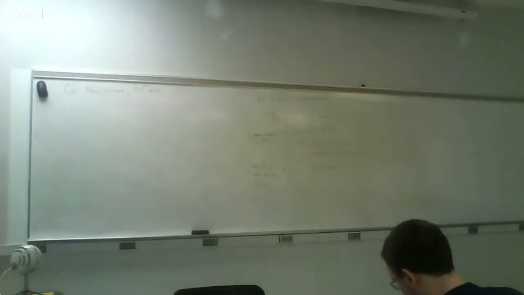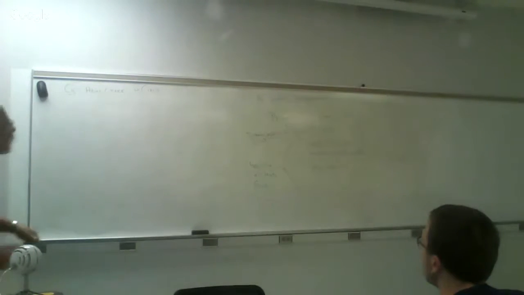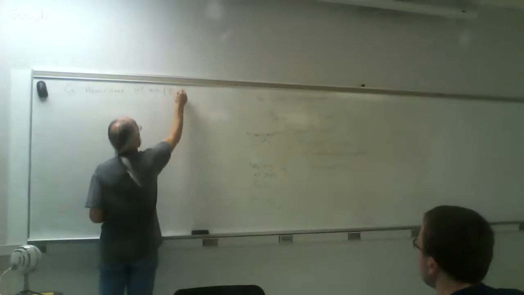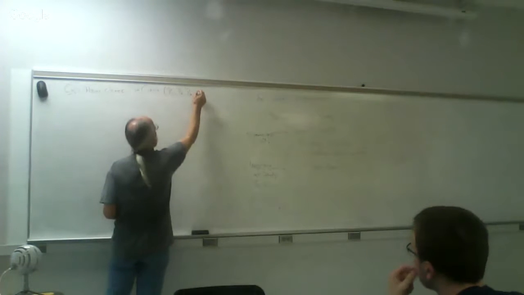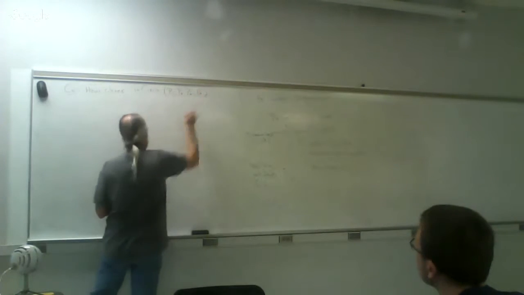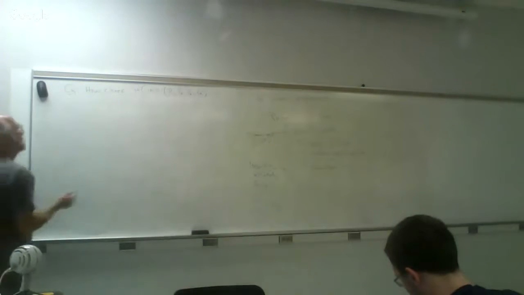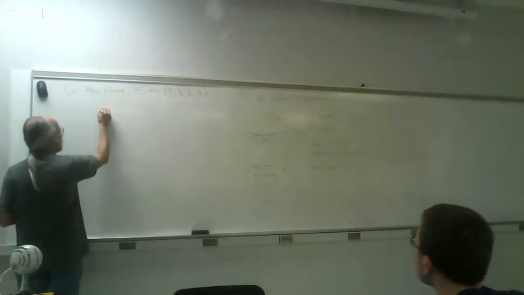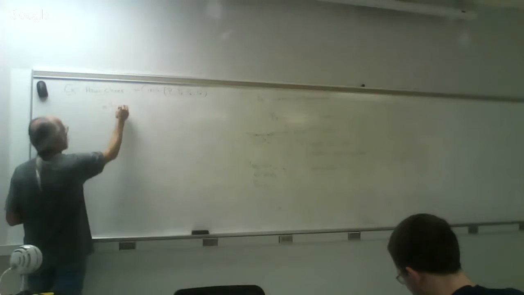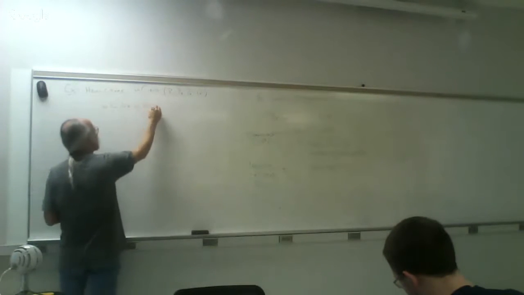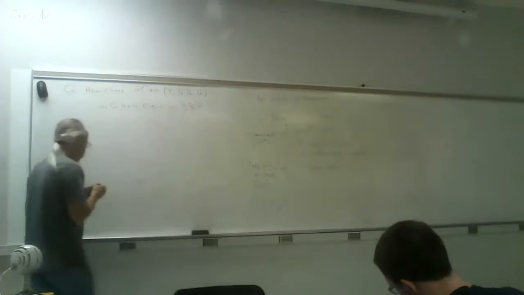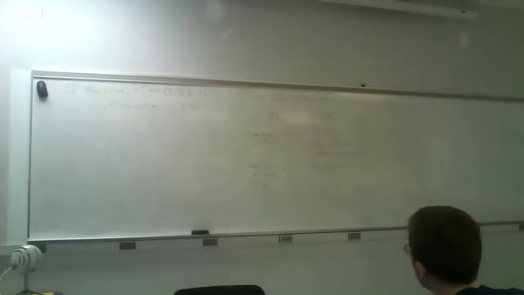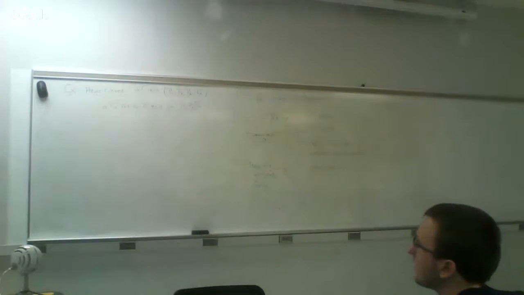I called them P1, P2, P3, and let me just call the remaining guy Q. We want to determine, is Q inside the circle through P1, P2, and P3? On the circle will count as inside it.